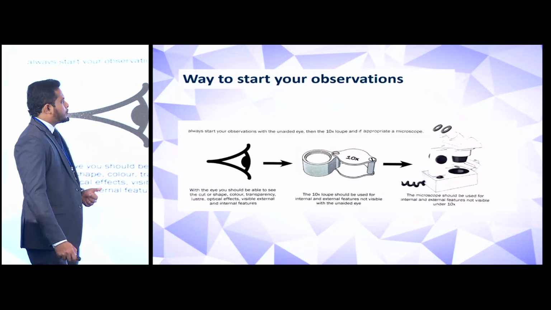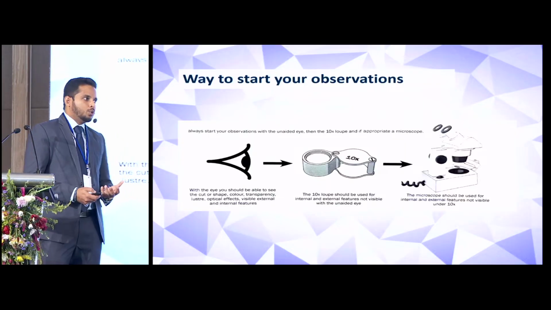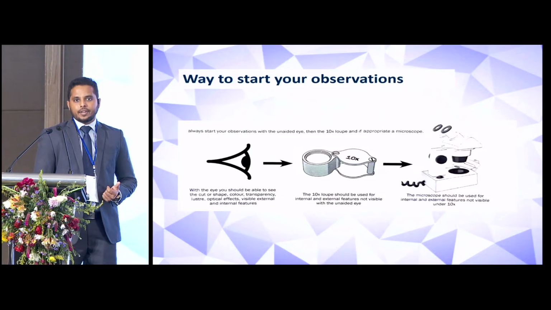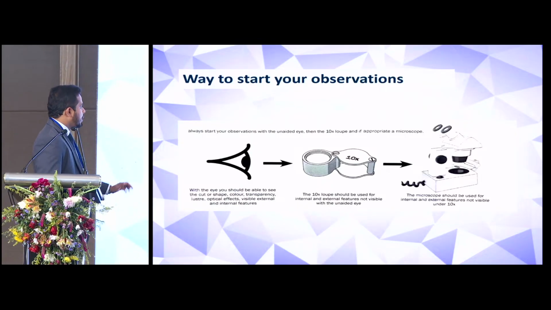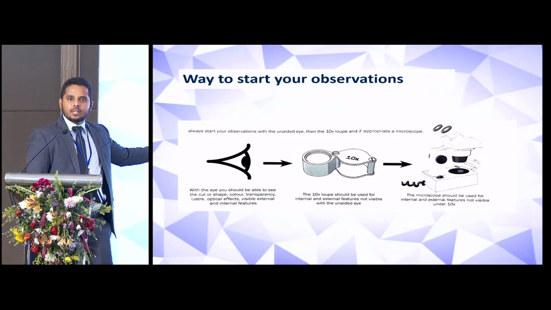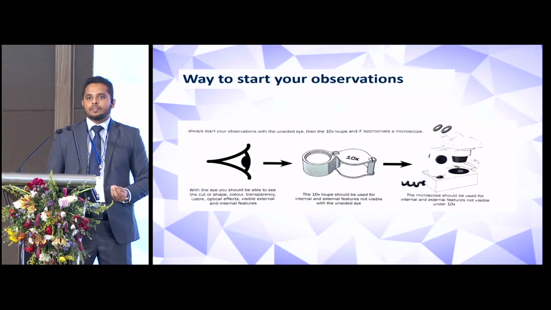I just want to give you a small idea of what levels of magnification you have to use and how you start your observations. This is a small diagram I'll be showing you. Your first step of observing a gemstone is your naked eye.